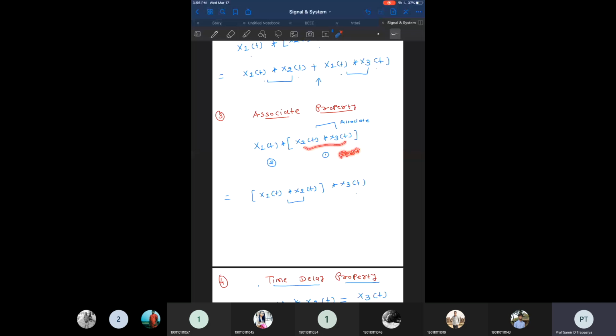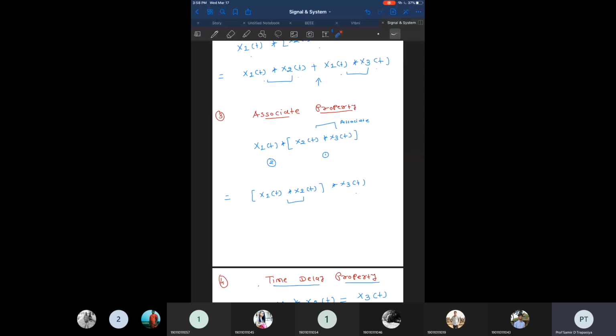Now let's assume the first signal x1 of t is delayed by some amount, known as tau. After this delay, the signal can be represented as x1 of t minus tau. This represents that x1 of t is delayed by tau. Then we convolute with x2 of t. x2 of t is not going to change; it remains the same.